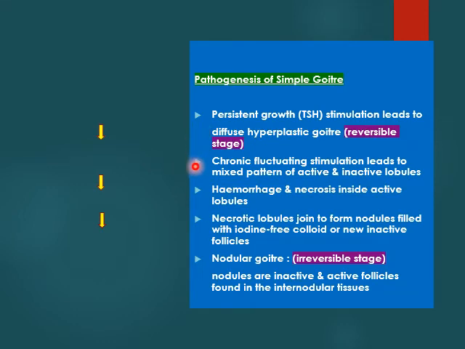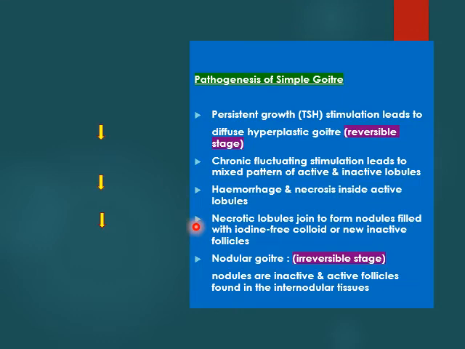Subsequently, there's chronic fluctuating stimulation leading to a mixed pattern of active and inactive nodules. The fluctuating levels of TSH cause increased and decreased activity of the thyroid gland, and this causes hemorrhage and necrosis inside the active nodules and lobules.